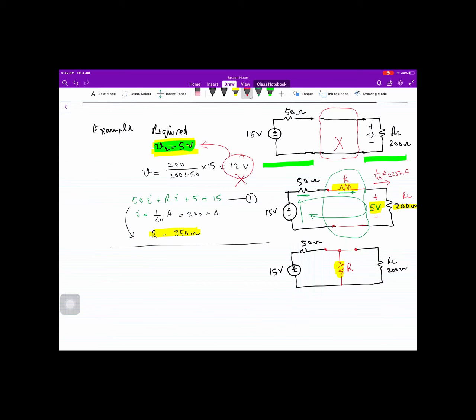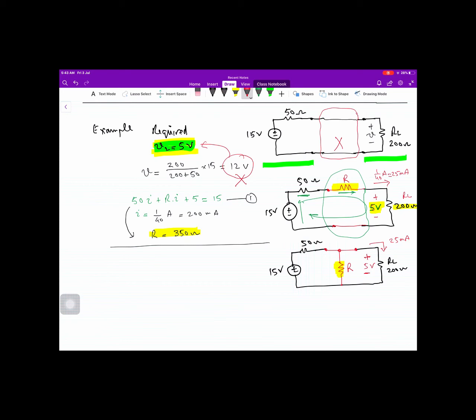Now look at the circuit diagram. The condition which is required is that 5 volt should appear across RL, and 5 volt across 200 ohm means 25 milliampere current is flowing.